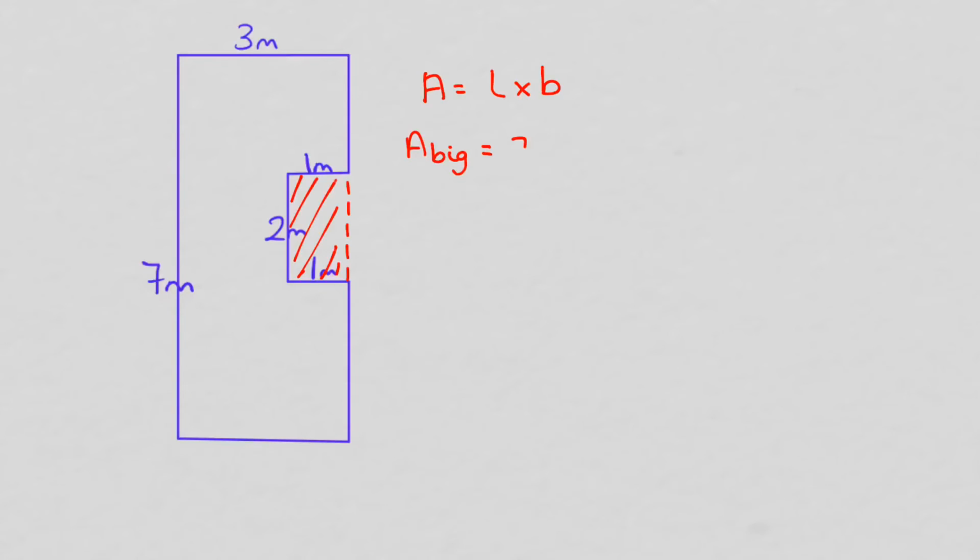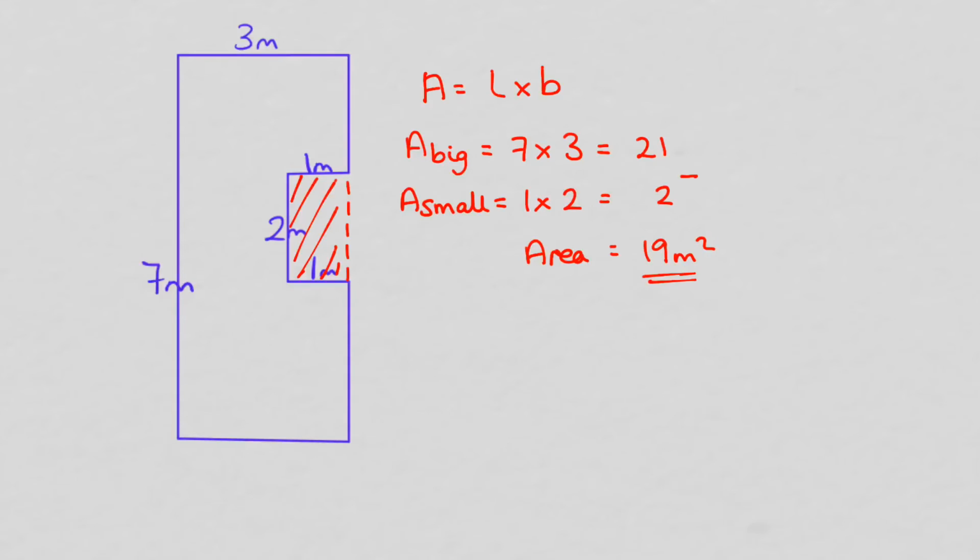So the big rectangle is 7 by 3, so that's 21. The area of the small rectangle, we can see that's 1 by 2, so that's 2. And then the area that we're looking for is 21 take away 2, so it's 19 square metres.